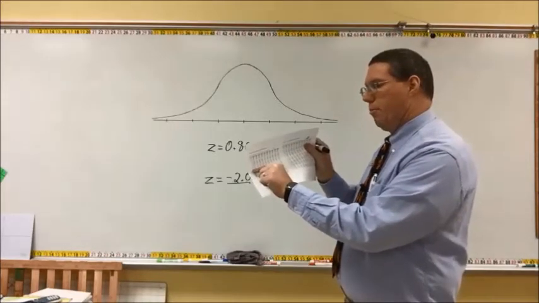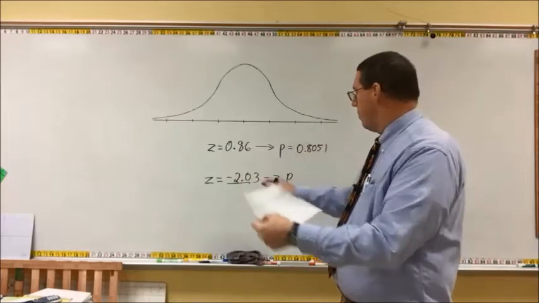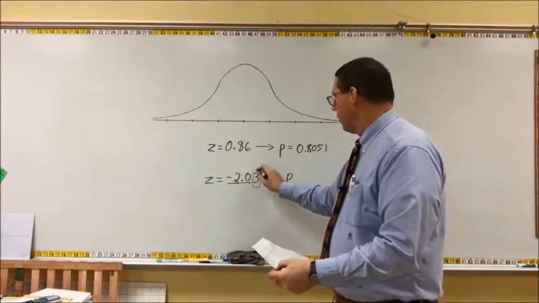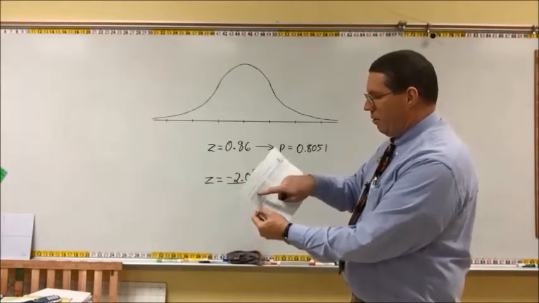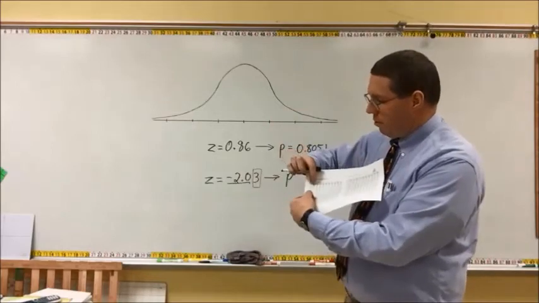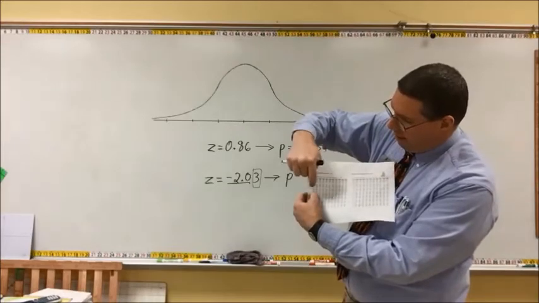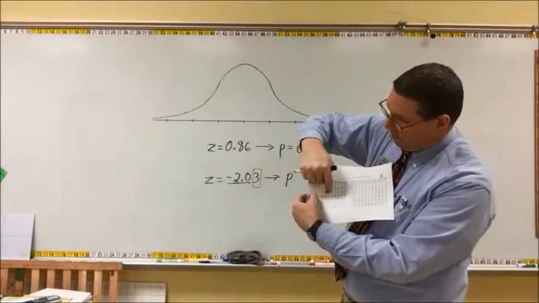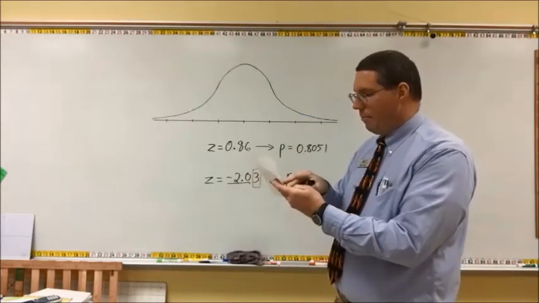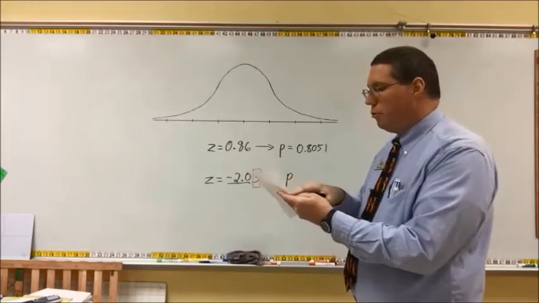Then I'm going to go to the column where it's 0.003. That's the fourth one over, because it goes 0, 1, 2, 3. When I go down that column and over at the negative 2.0, I get 0.0212.